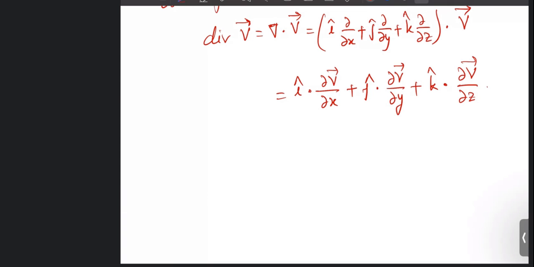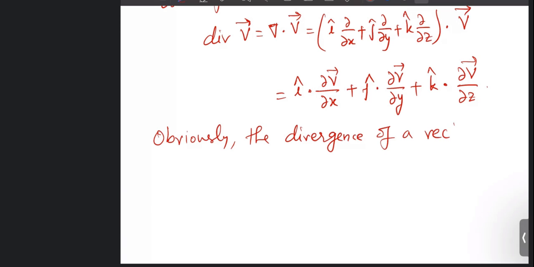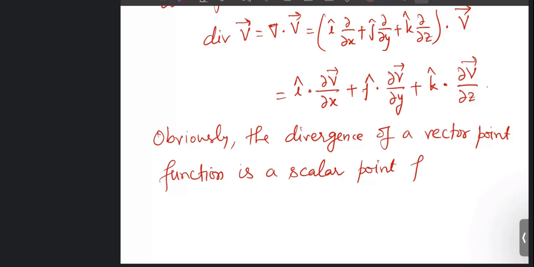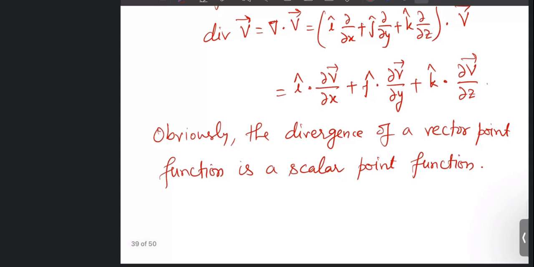Obviously the divergence of a vector point function is a scalar point function, because the dot product of two vectors is a scalar quantity.